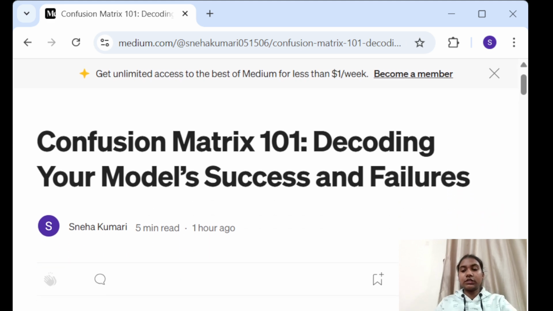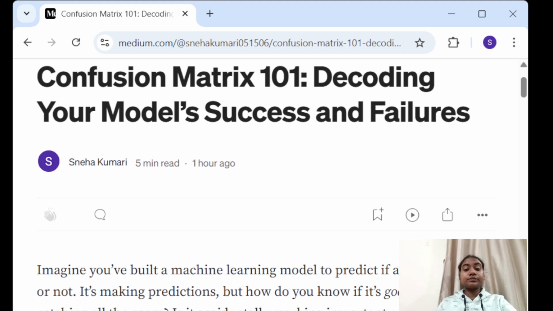What is a confusion matrix? Basically, the confusion matrix is an important part of machine learning.